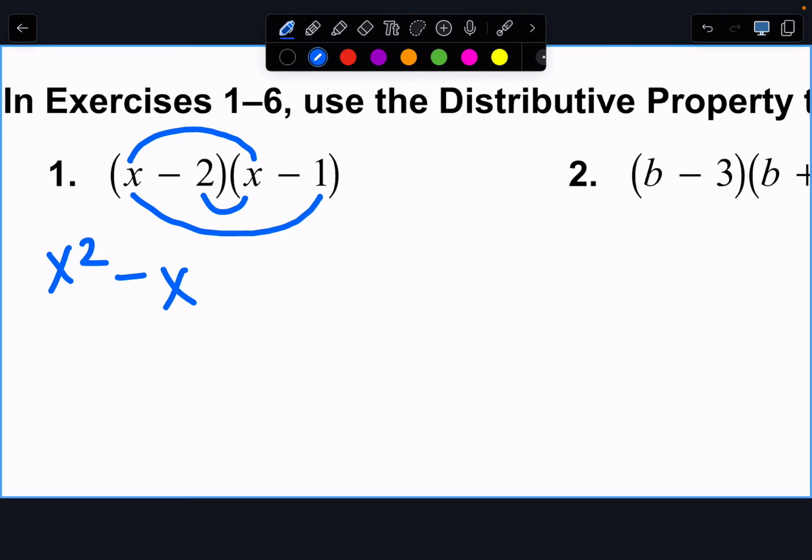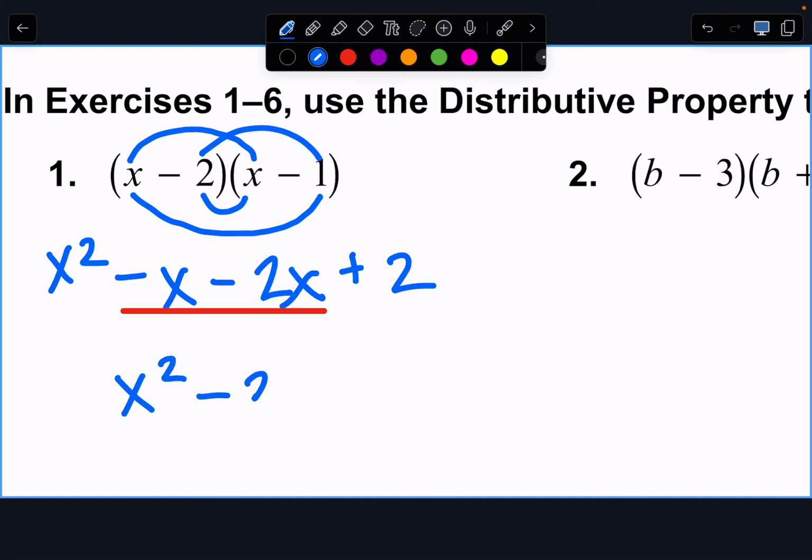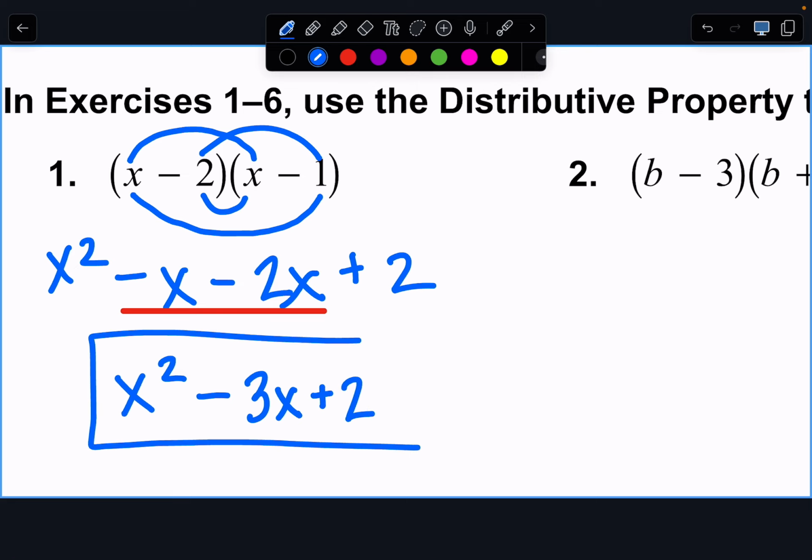Our inside product, minus 2x. And our last product, what happens when we take negative 2 times negative 1? It's a positive 2. At this point, we have like terms to combine. So we have x squared minus 3x plus 2.